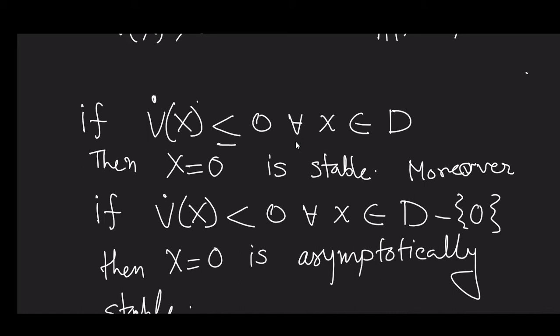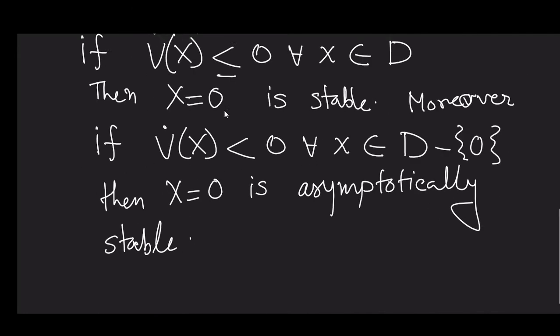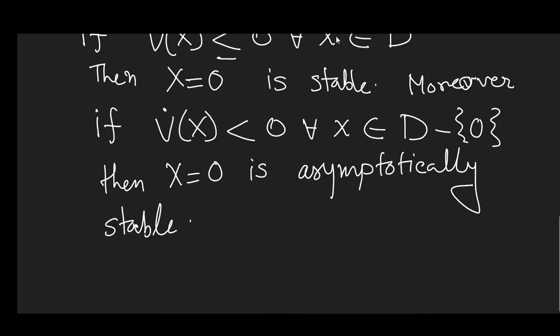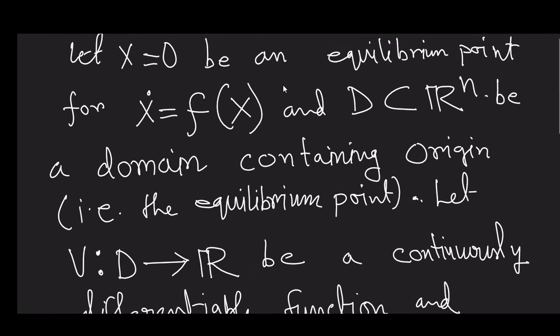But before proving, we want to give you a geometric representation of this whole thing, that you could figure it out. Okay, before we give you that geometrical interpretation, let me proceed with the proof.